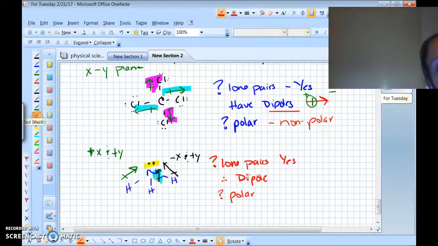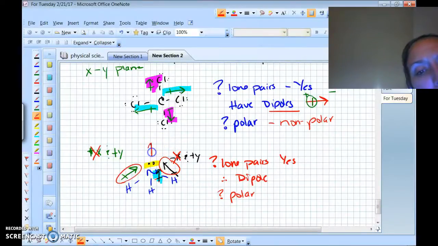Well, these 2 are going to cancel each other out. You have a positive x and a negative x. So now, when they sum up, they give you an arrow that points straight up in the positive y, because after the x's cancel, all you've got left is this positive y.